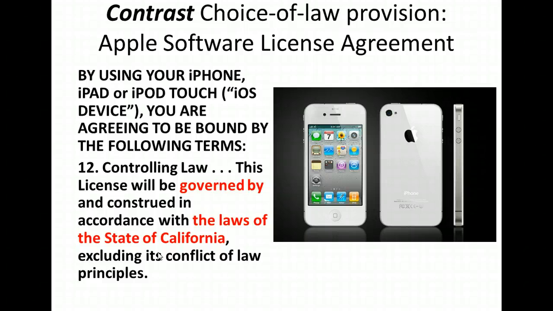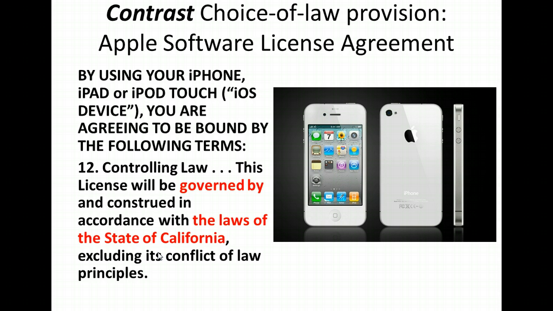Now, you may recall that in the Burger King case, one of the factors that the court relied on in upholding the constitutionality of personal jurisdiction over Mr. Rudzewicz was that his franchise contract with Burger King had a choice of law provision, providing that in case of any dispute arising under the contract or the franchise agreement, that dispute would be governed by Florida law.